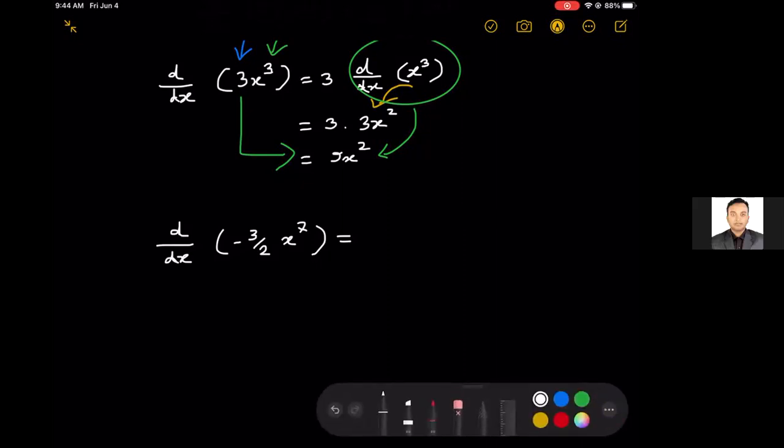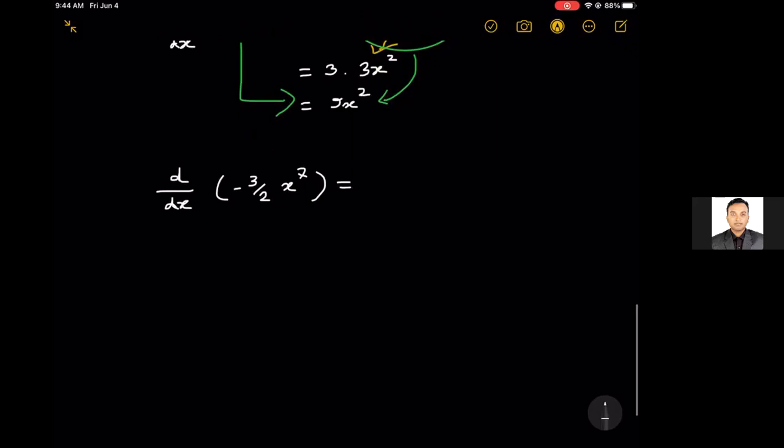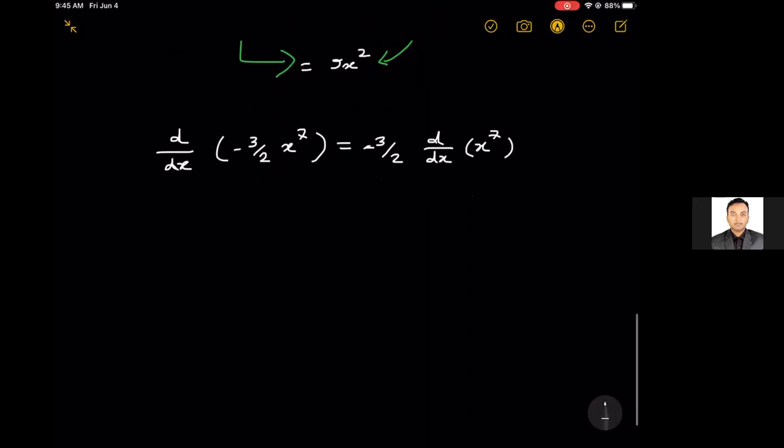So what you have done here, if you haven't done it, you can clarify your concept now. Using the previous theorem, we can keep the constant outside, right? We don't need to do anything with this. The next thing we need to do is to find the derivative of the main function associated with the constant.